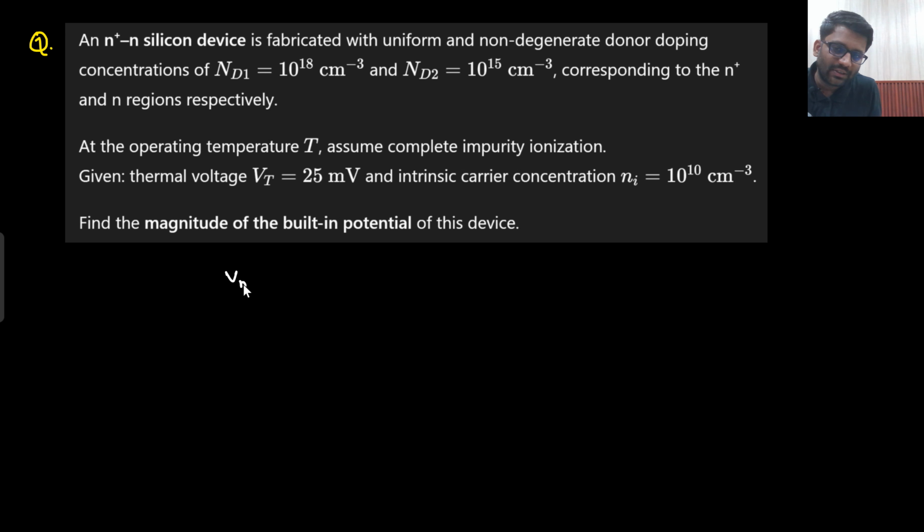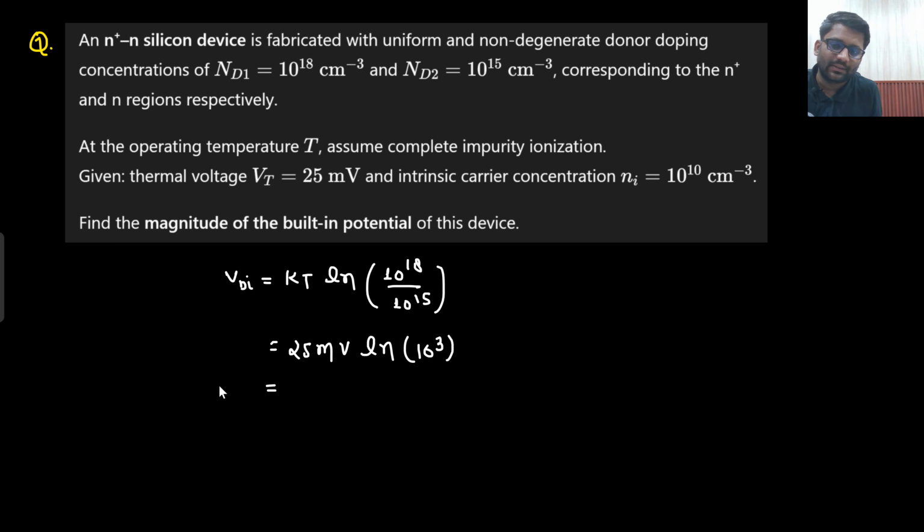So what will be my built-in potential? That would be KT ln higher concentration divided by lower concentration. They have given the value of VT, that is 25 millivolt, times ln 10 to the power 3. You will get the answer.